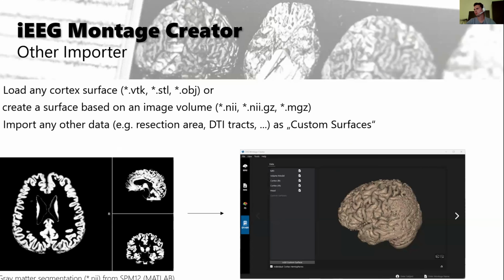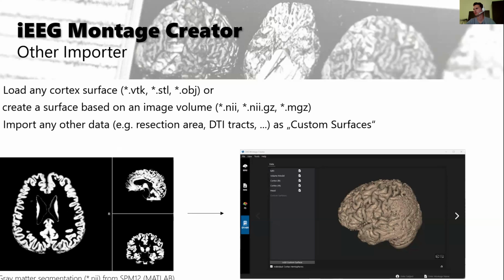So the fourth importer is the other importer, which allows you, on the one hand, to create a cortex based on any other file, for example, a gray matter segmentation created by SPM. But you see that the surface is not as accurate and nice as in FreeSurfer, but it's way faster.